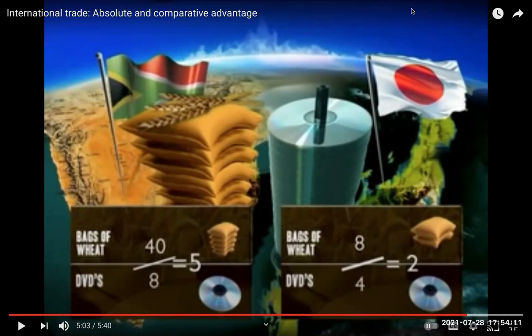I think I see somebody saying something in the chat. Does anybody understand how to explain this in terms of the cost of production?